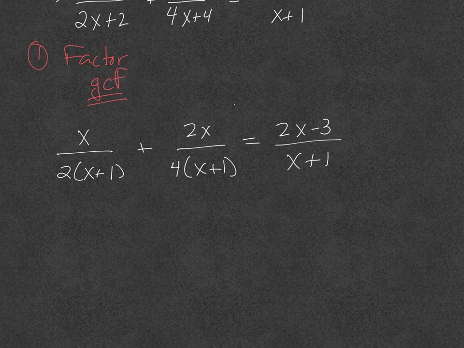All right, now I'm going to do this one a little bit differently because I want to show you a different method. So this time, what I want to do is I'm going to do this by finding a common denominator.